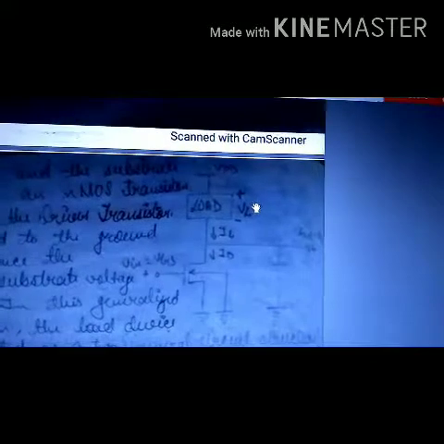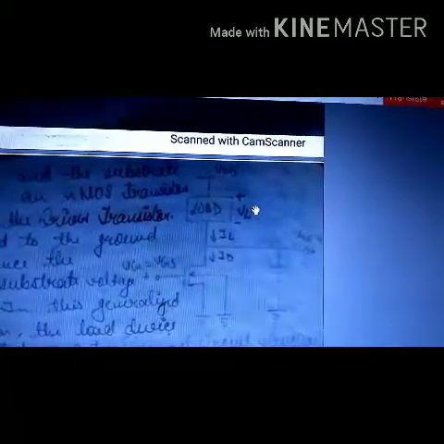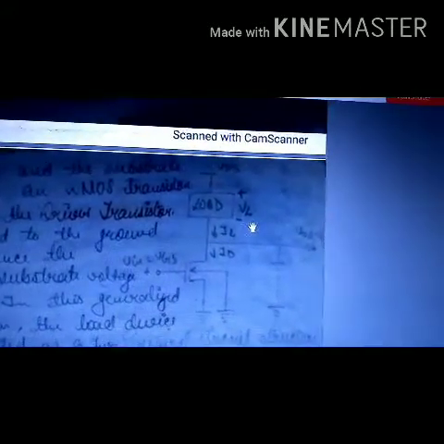The current through this load device is IL, and the voltage across this device is VL, as shown here. One terminal of the load device is connected to the drain of the NMOS transistor, and at the other end there will be a supply voltage for this circuit.